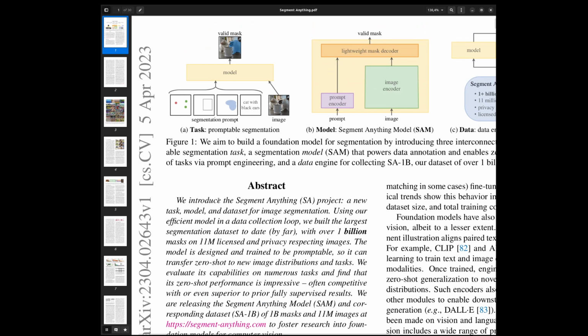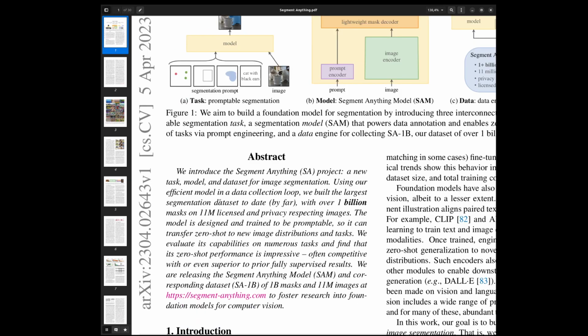So the only thing I know is some of those images, I have no clue how large a part of the dataset, but some of those images are annotated by the system without any human in the loop.